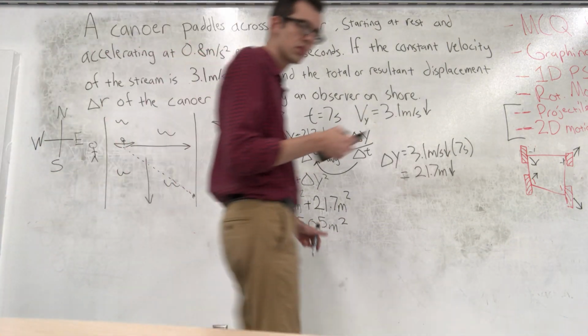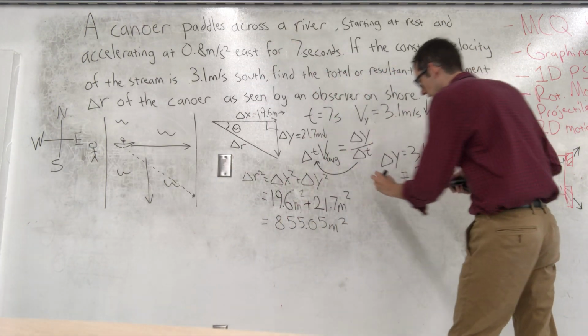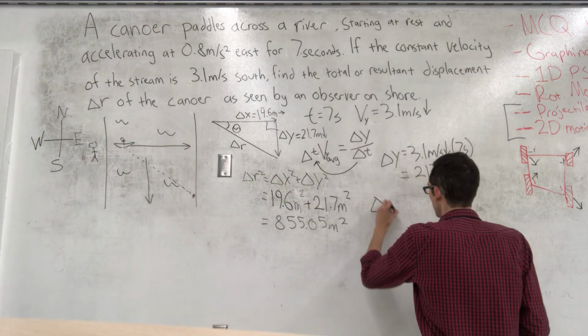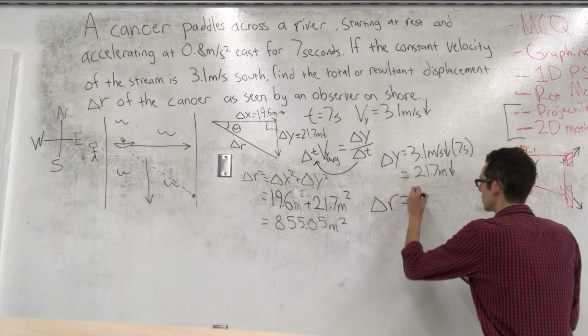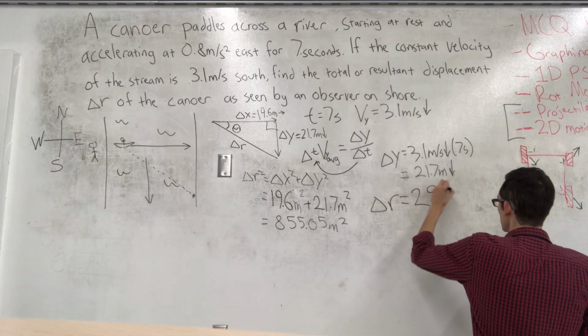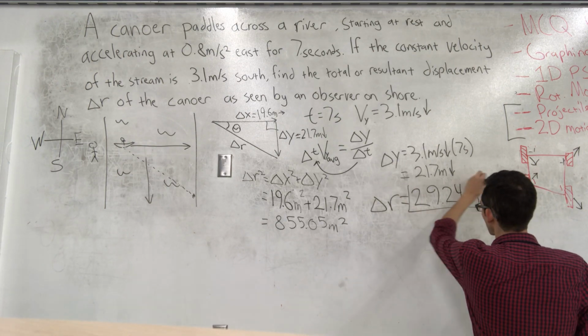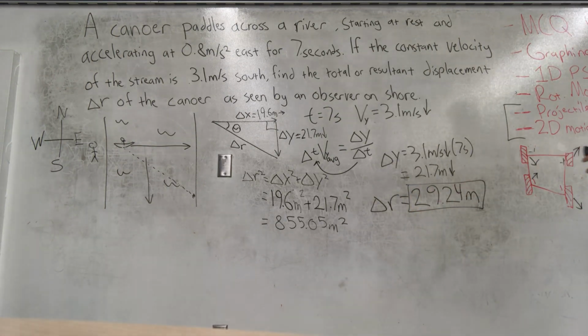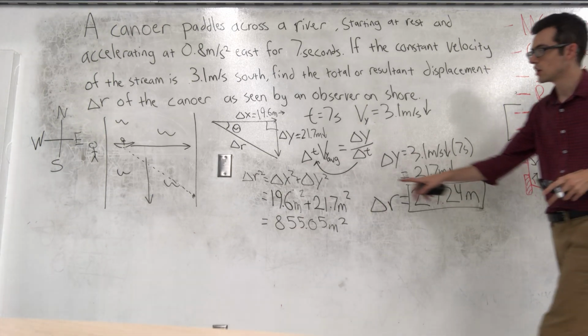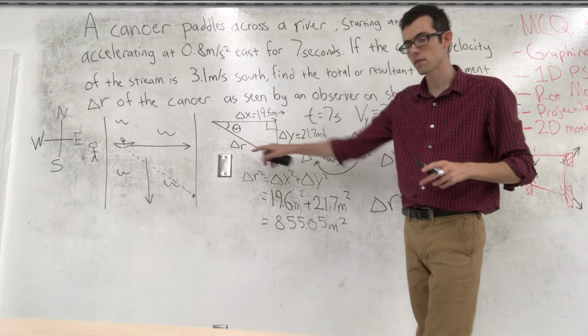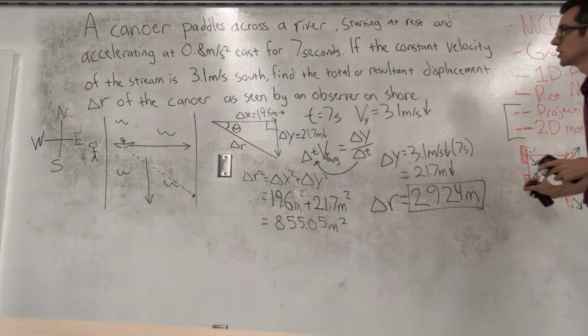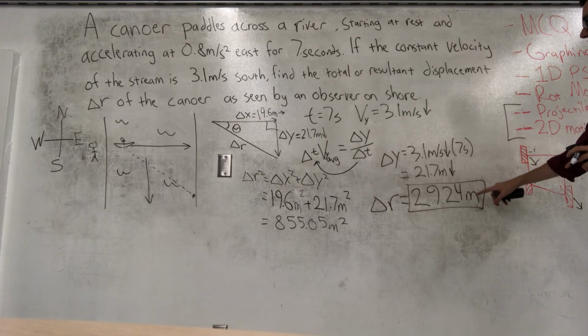Taking the square root of 855.05, I get delta r is equal to 29.24 meters. Great, so now we have the magnitude of our displacement here. However, we are not quite done yet because we need to report a direction with our displacement delta r.